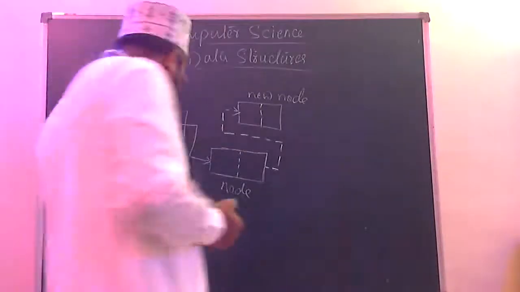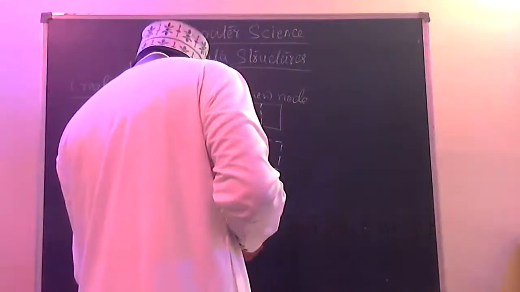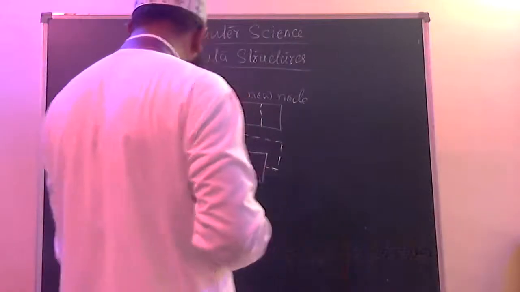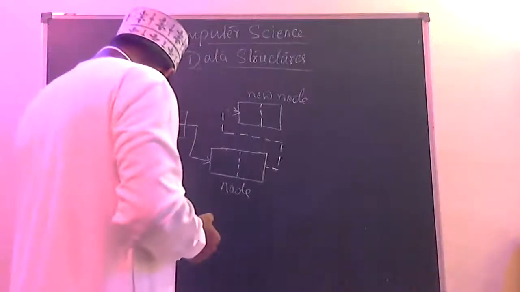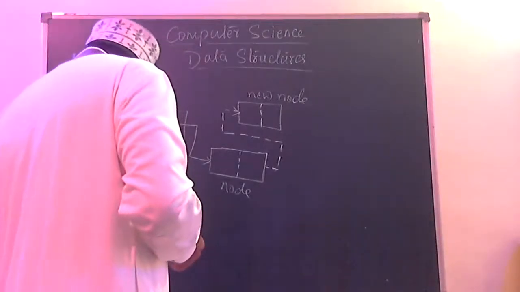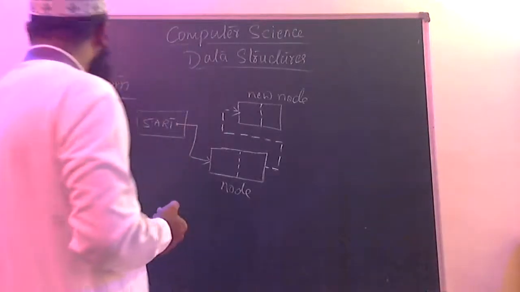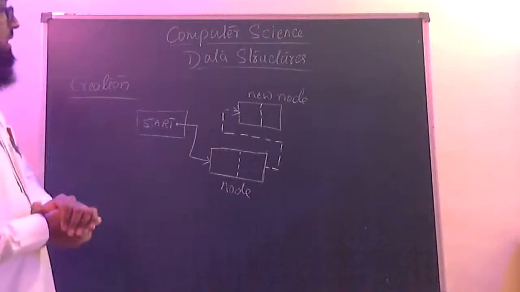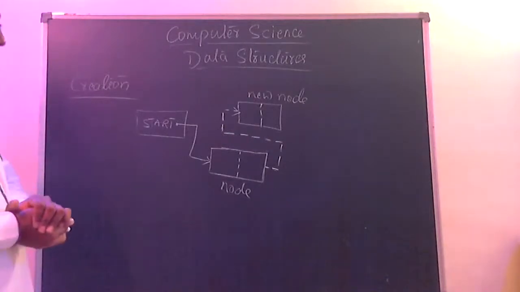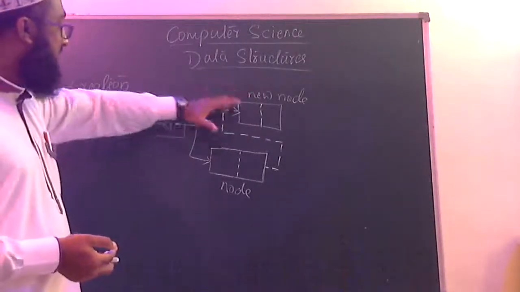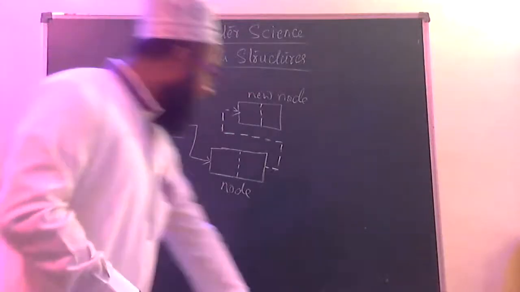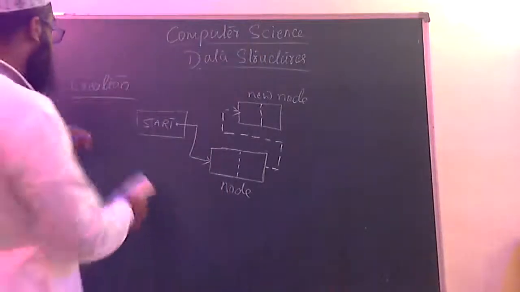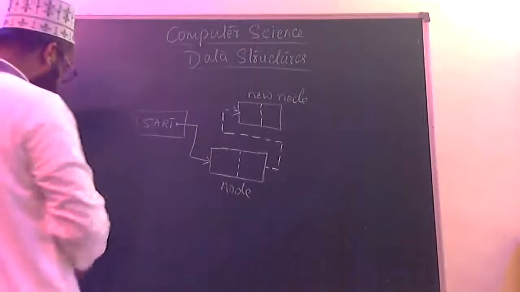Come, we shall see what this creation explains. After creation, like this, we can create a stack. Now after creating the stack, how can we insert a new node into the stack? We shall see. Insertion.